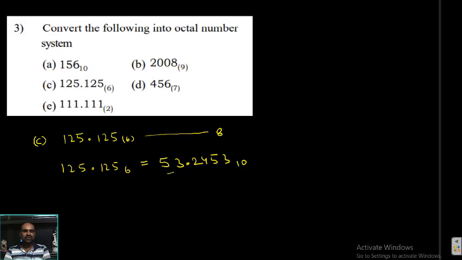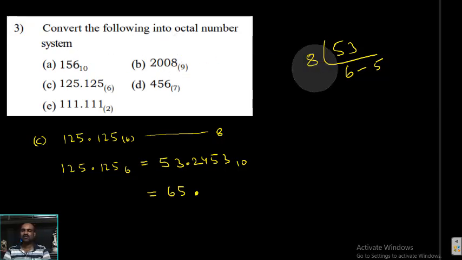So what we should do, 53 should be divided by 8, but 0.2453 should be multiplied by 8. I will show you. 53 divided by 8 now. 8 8s are 64, 8 7s are 56, 8 6s are 48. 48 means remainder 5 only. So this is 65 point something.